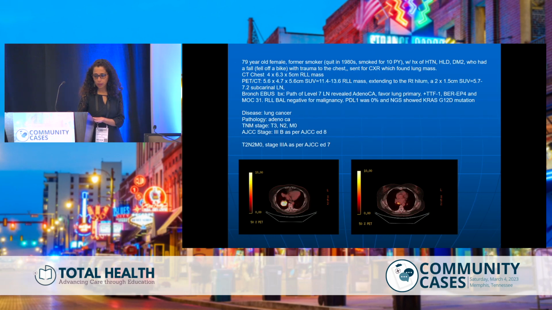Sequencing of the tumor shows KRAS G12D mutation. So essentially, this patient has T3, N2, M0, stage 3B as per AJCC edition 8. And if you look at edition 7, it's T2, N2, stage 3A.